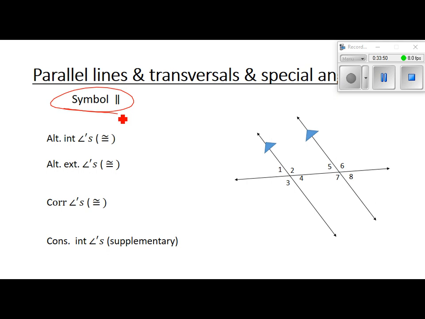I've abbreviated all this because I was tired of typing when I got this far. So if you're not sure, write it out. Alternate interior angles. Do I care if you spell it wrong? Not really, it's your notes, as long as you know what you mean. Alternate interior angles, alternate exterior angles, corresponding angles, consecutive interior angles.